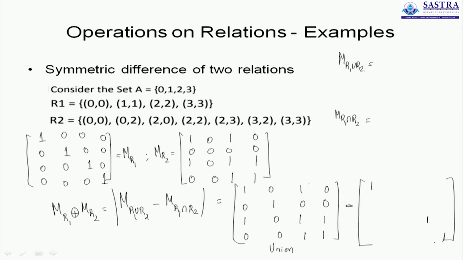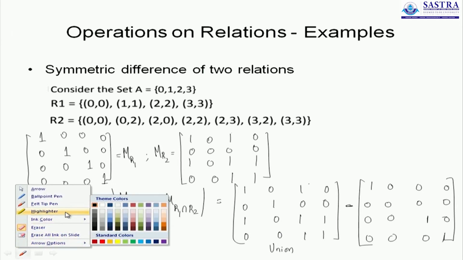There are only 3 elements which are common, which means all the remaining 13 entries are zeros. If you subtract them and get their absolute value, that will give you the symmetric difference that is represented.